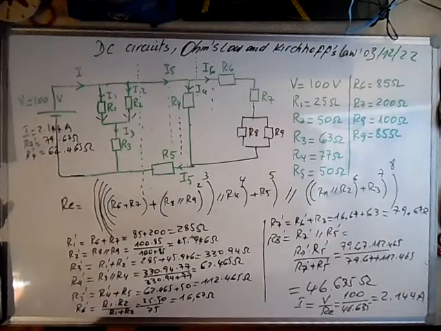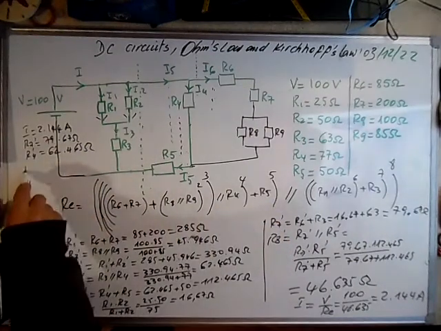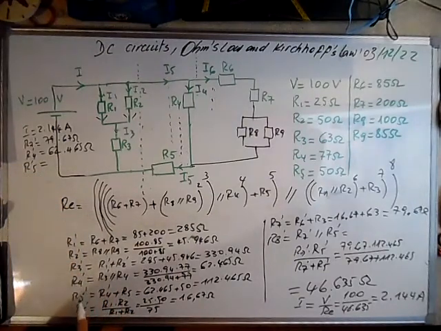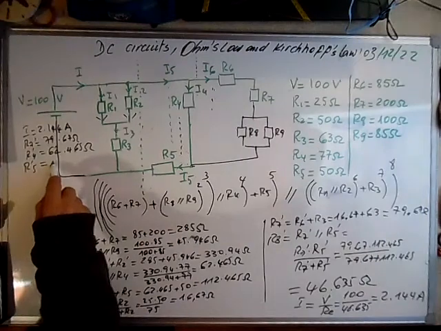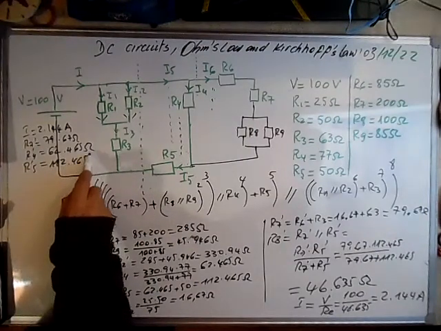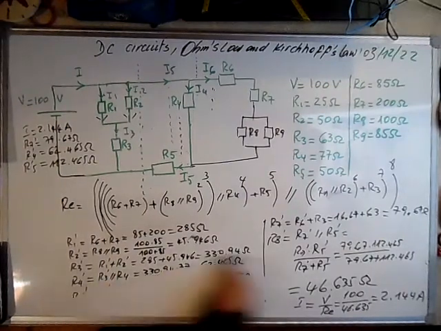What else do I need? I need R5 prime. R5 prime is 112.465 ohms, and I think that's what I need to calculate all the currents, knowing the main current.